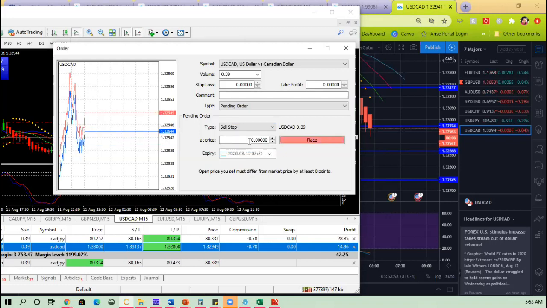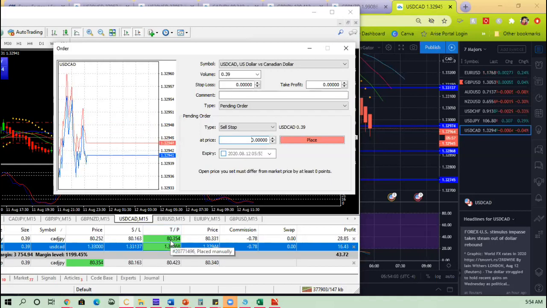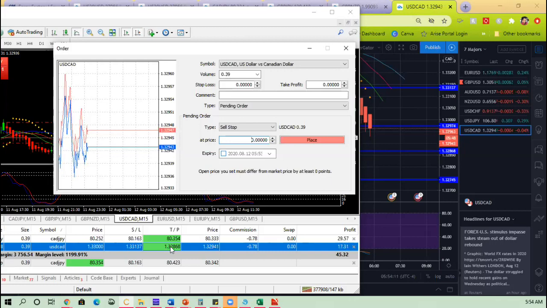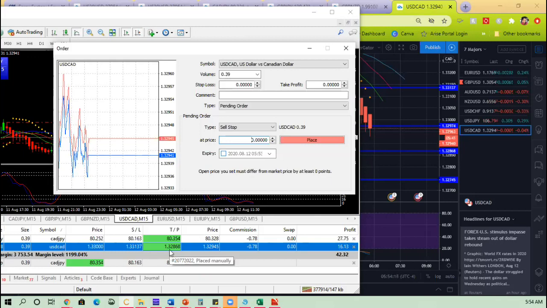And the price that we're going to get in is where our other take profit ends. So this one is going to start where this one ends, which is this right here. Okay, make sure you're looking at the right one. This is USD CAD. This is our take profit.